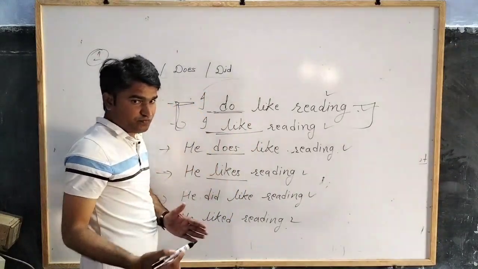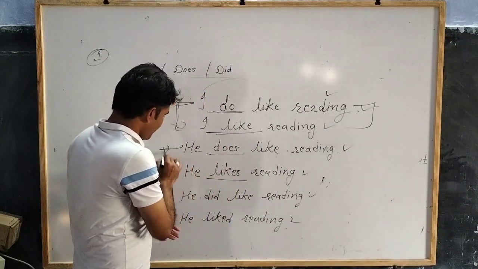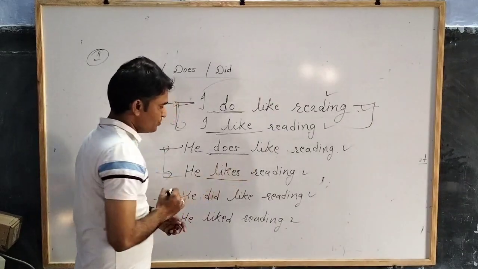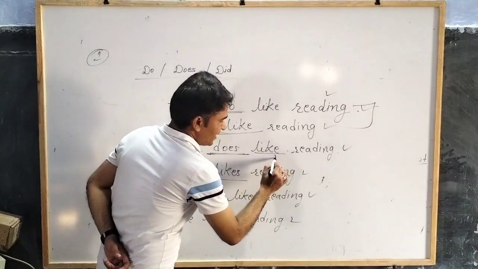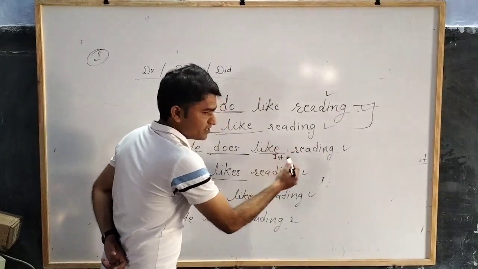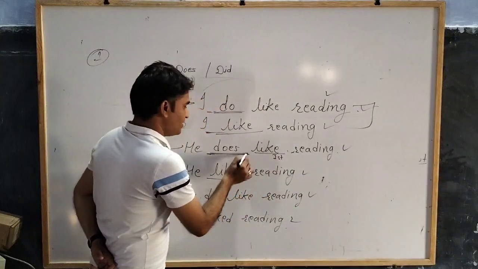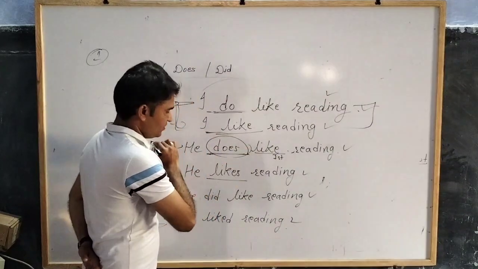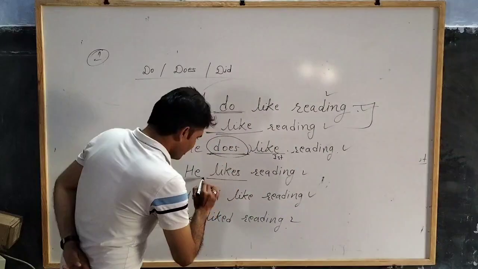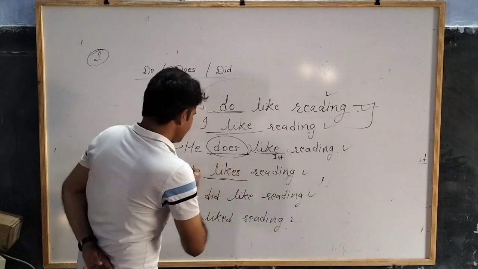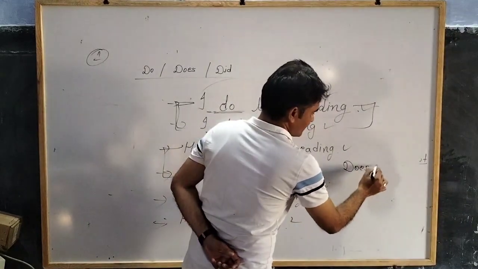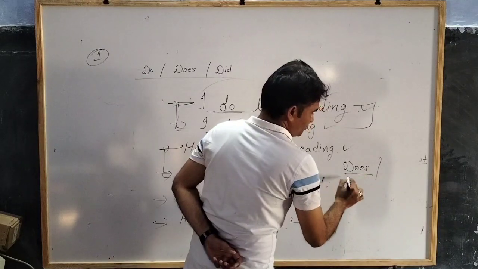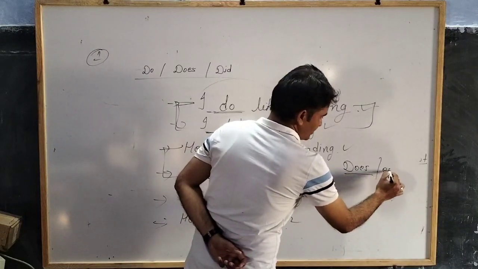But if we come to the second pair, it belongs to the does category. If you write does, then you will write the main verb as it is. The main verb is the first form of the verb. But if you don't write does in positive sentences, you will use es. If you don't use does in a positive sentence, then use es.